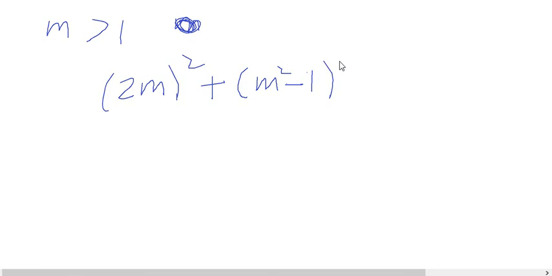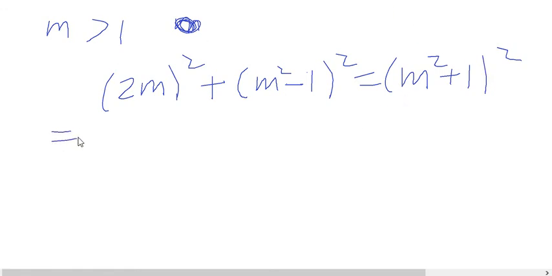We have a formula for Pythagorean triplets: 2m is one number, the first member of the triplet. The second member is m square minus 1, and the third is m square plus 1. So for any number m, 2m is the first number, m square minus 1 is the second number, and m square plus 1 is the third number of the triplet.